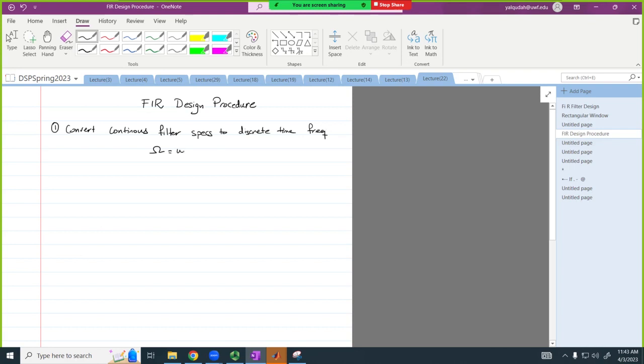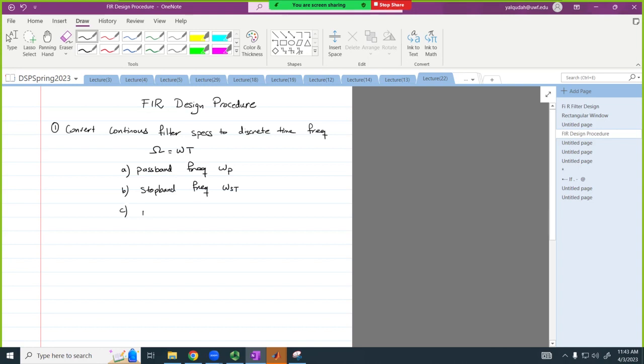Omega equals W multiplied by T. We're going to have a passband frequency, omega passband. We're going to have a stopband frequency, omega stop.